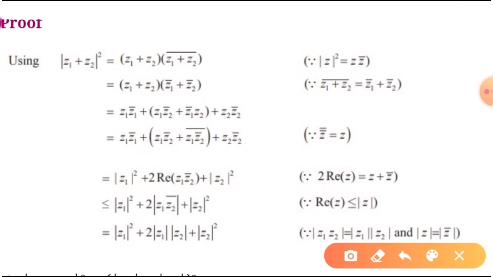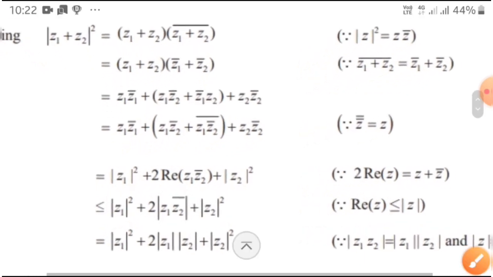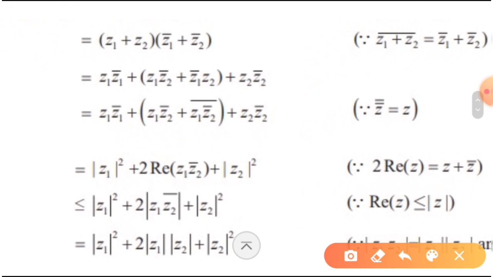Next step, ordinary multiplication, z1 plus z2 into z1 bar plus z2 bar. First z1 z1 bar, next z1 z2 bar, the next one z1 bar z2, the last one z2 z2 bar.